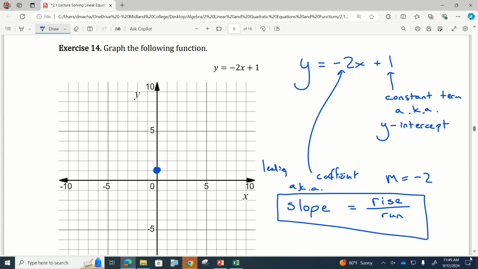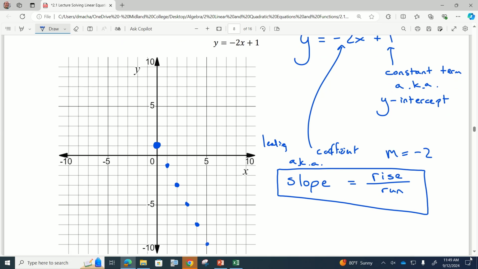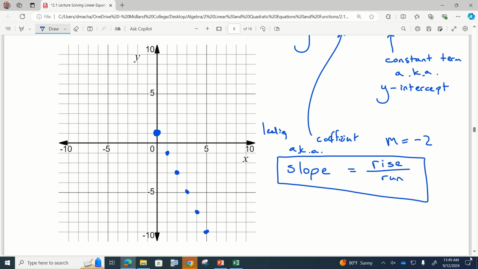If I move right by 1 unit, I'm going to go down 2 units. -2 means you go right 1 unit and you go down by 2 units. Okay? So every time I'm moving to the right, I move down 2. If my slope were a positive number, I would move up. Negative number, I move down. And then that's how I can graph it.